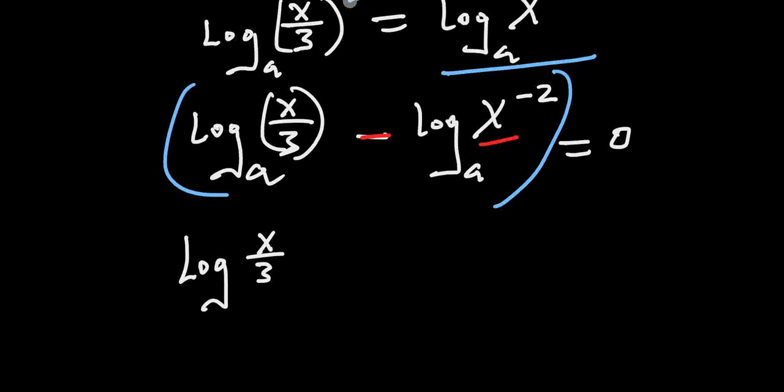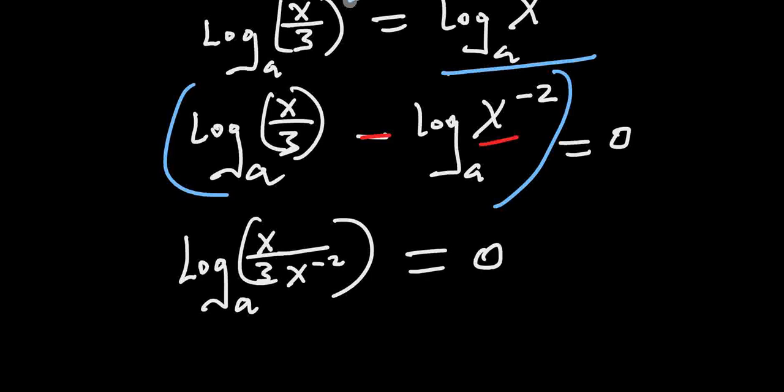And so this will become, just write it over here, the power of negative 2, and just put it in parentheses to base a. This is equal to 0. I hope this is clear.